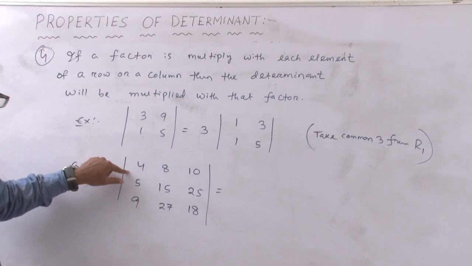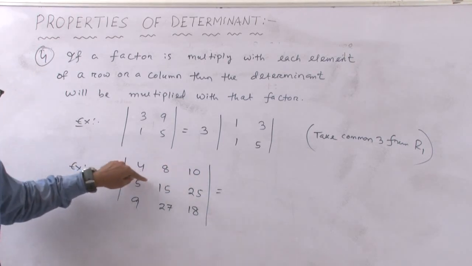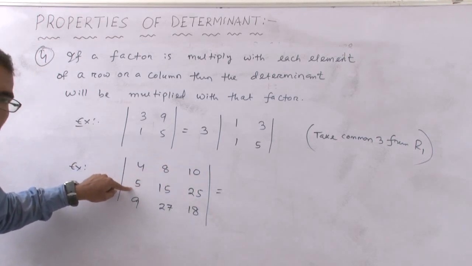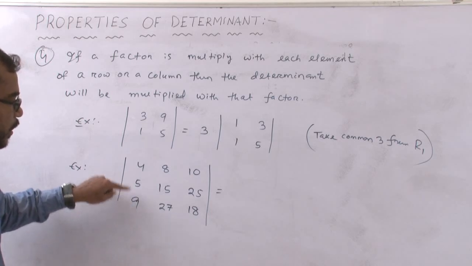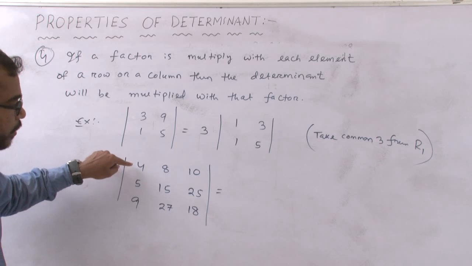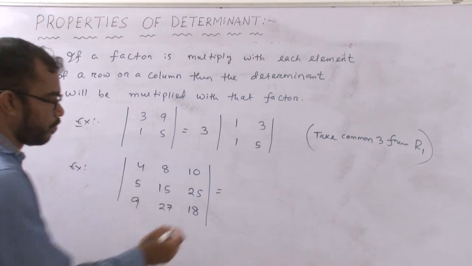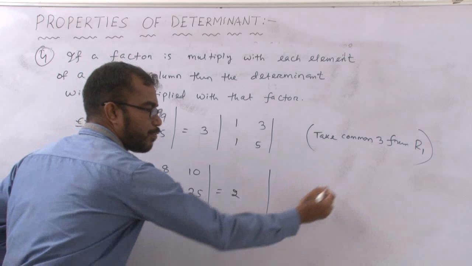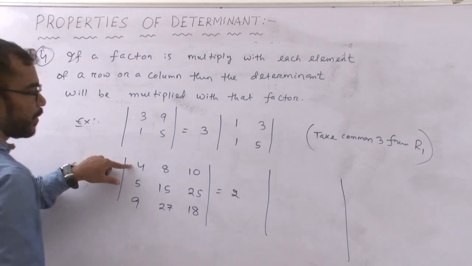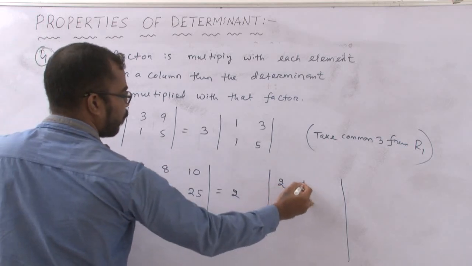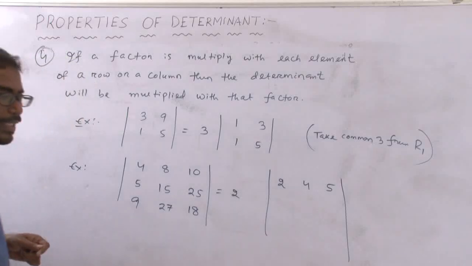In this determinant, we take common from the first row, the second row, and the third row. So here we take common 2 from the first row, and we get 2, 4, 5.